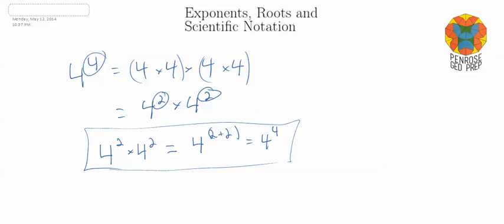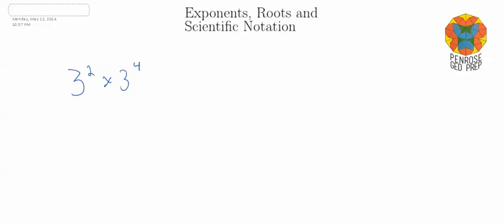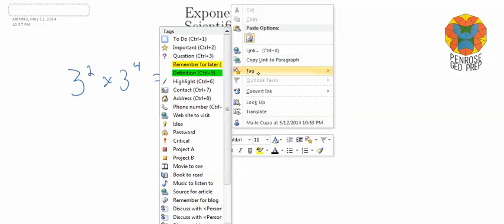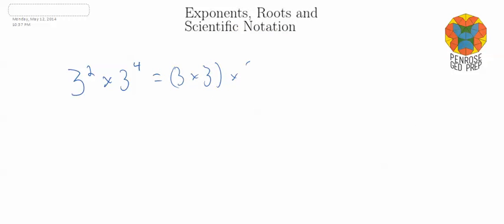Let's see another example of this rule. 3 squared times 3 to the 4th can be written as 3 times 3, which is the same as 3 squared, times 3 times 3 times 3 times 3, which is 3 to the 4th. Notice that if we take away the parentheses here, we just have a product of 6 threes.